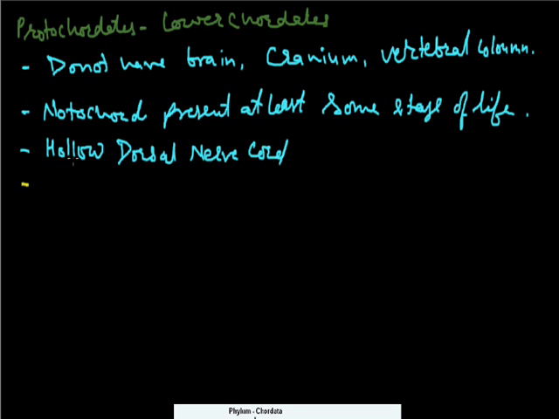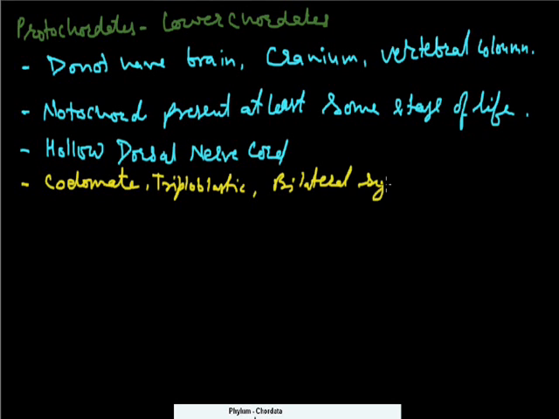Some common features are bilateral symmetry, triploblastic, and coelomate. These are the features which are common in this phylum also.